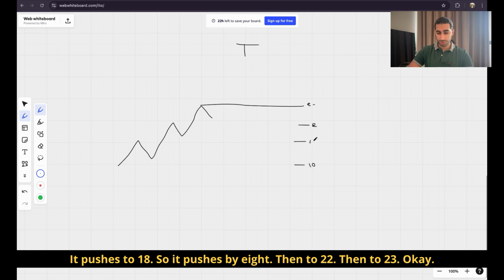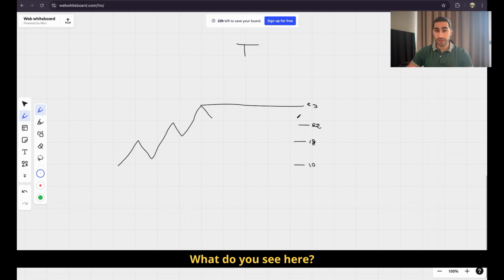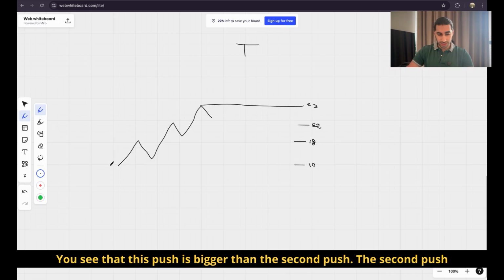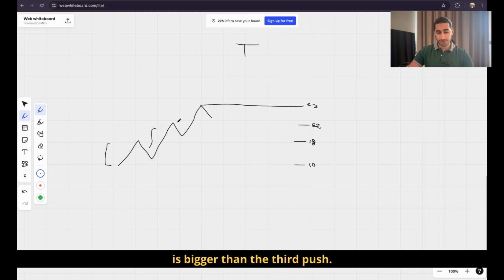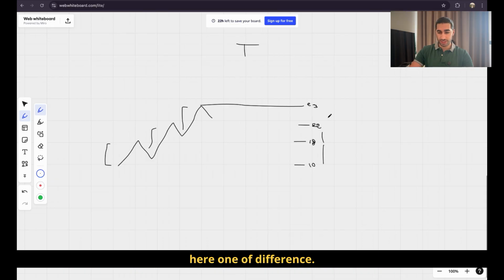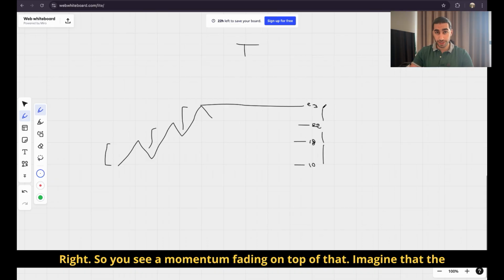It pushes to 18, so it pushes by 8, then to 22, then to 23. Okay, what do you see here? You see that this push is bigger than the second push. The second push is bigger than the third push. So here you see it's 8 the difference, here 4 of difference, and here 1 of difference, right?